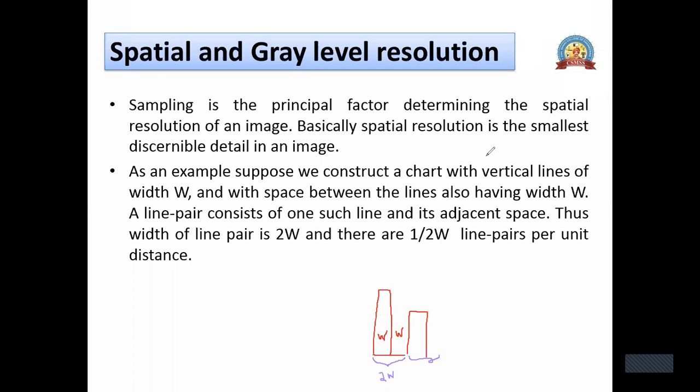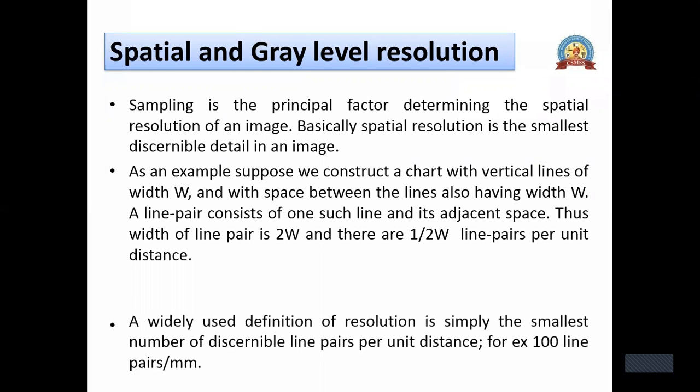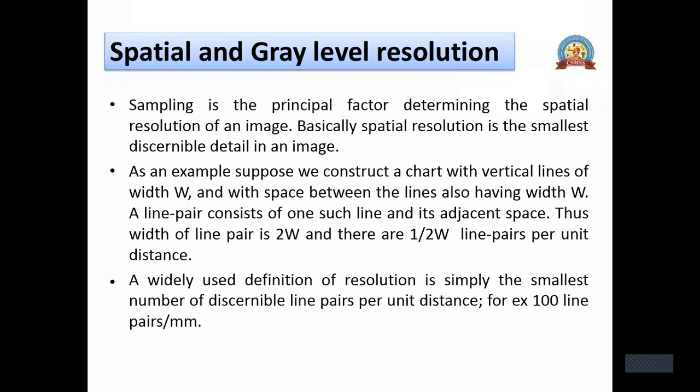In images, what we say is there are a number of line pairs in a particular space. For example, for 1 mm of distance there are 100 line pairs. Each line indicates a number of rows or a number of columns. So we can speak of a vertical resolution and a horizontal resolution.